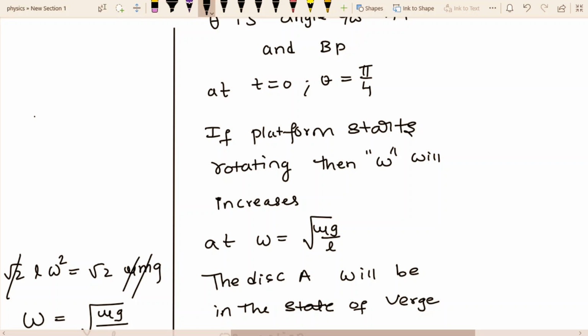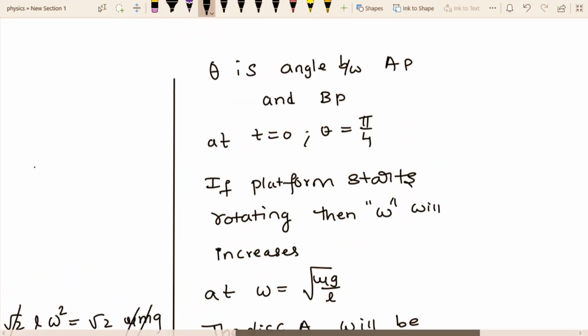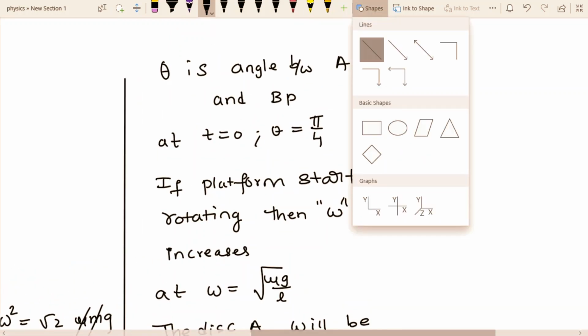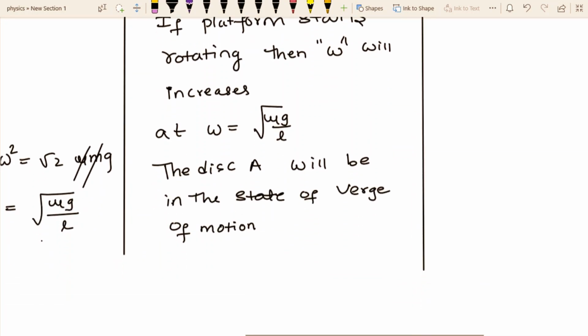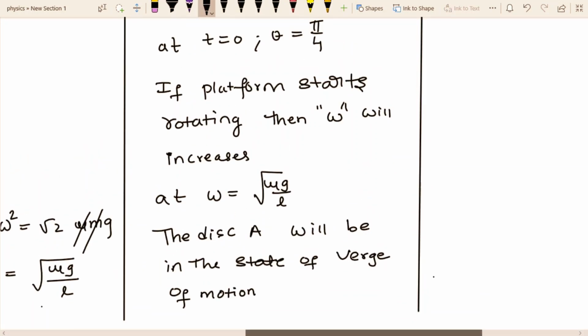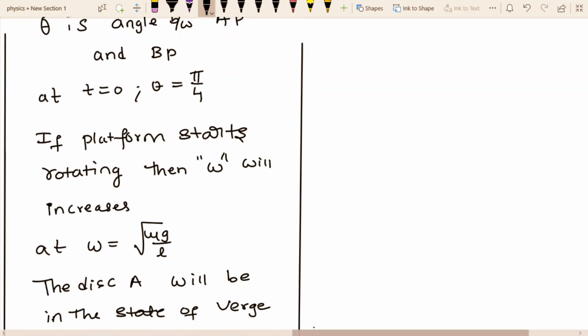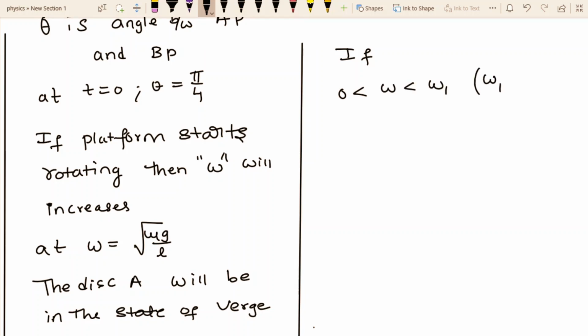So if you see now, the case is what will happen if we take the angular speed in between. If 0 is less than omega less than omega 1, here what is omega 1? Square root over mu g divided by L is omega 1.